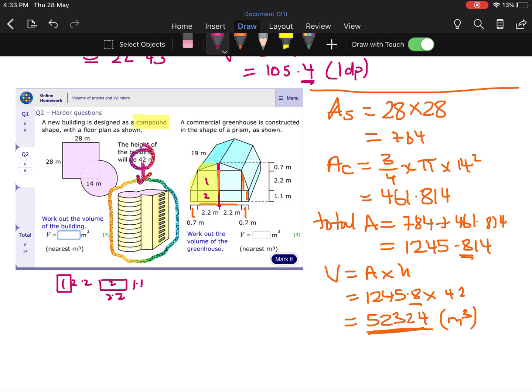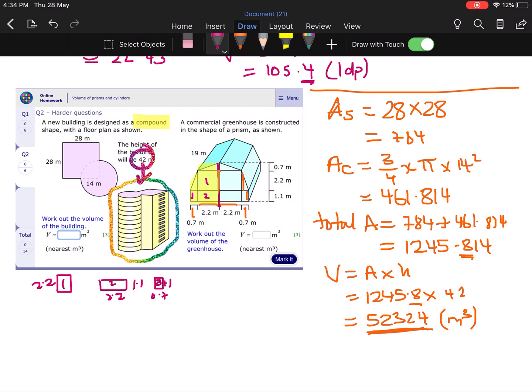Then I've also got a little rectangle, which I'm going to call number 3. And that is 0.7 and 1.1.